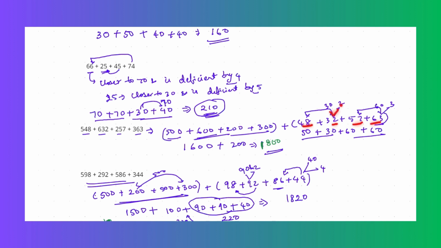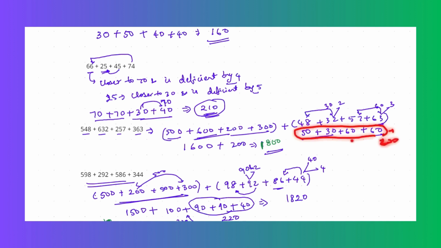Now the 2 is given to 48, making it 50 and making 32 into 30. Similarly, 3 from 63 will be given to 67, making it 70, and the remaining becomes 60. So it becomes 50 plus 30 plus 70 plus 60.